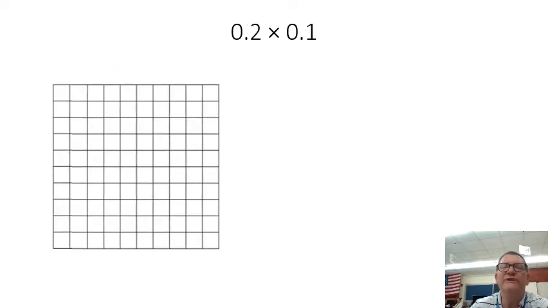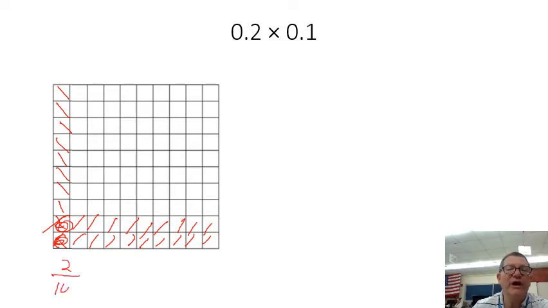Now, what if I had 2/10 times 1/10? Well, here's 1/10 right here. The other way, I'm going to go 2/10. I really don't have to go the rest of the way, but I'm just trying to show 2/10. I can see this one and this one is where they intersect, and that's going to be 2 out of 100, which equals 0.02 hundredths.